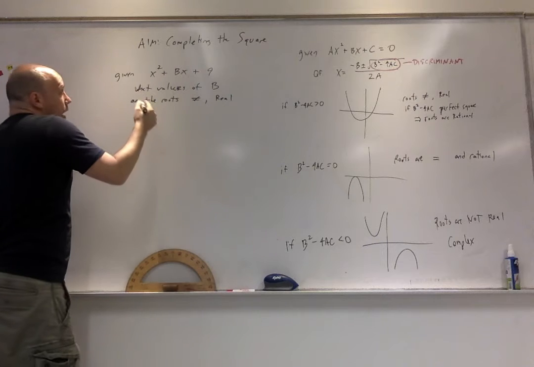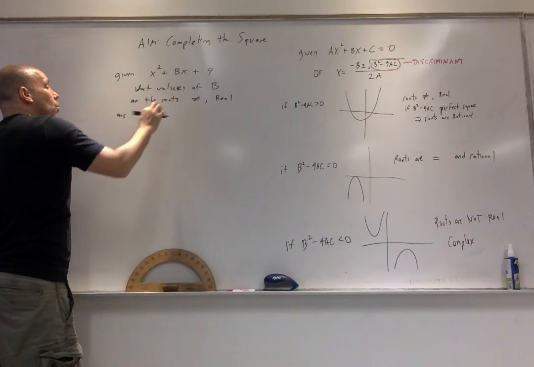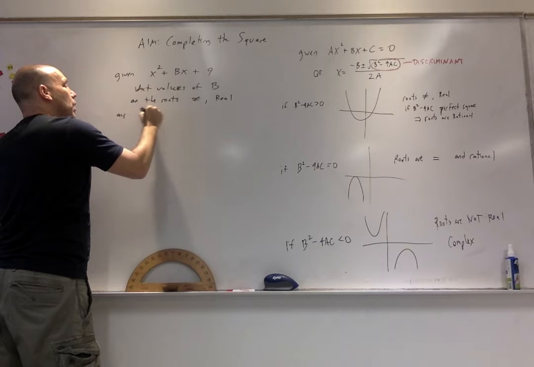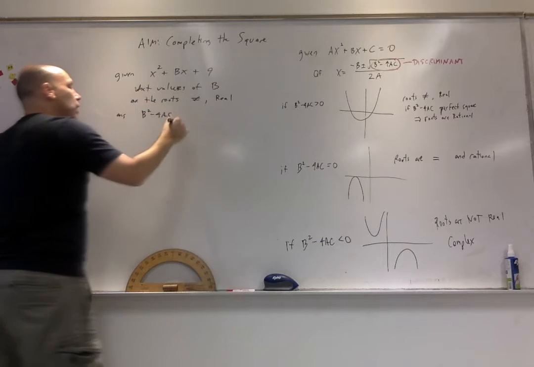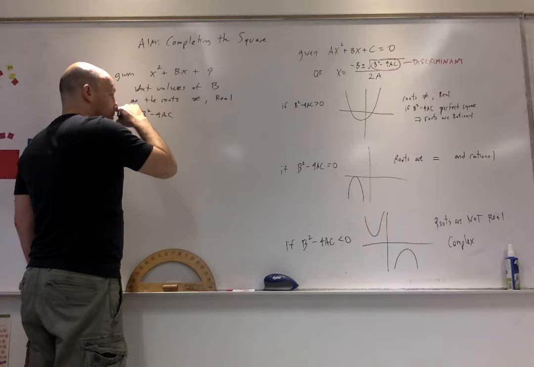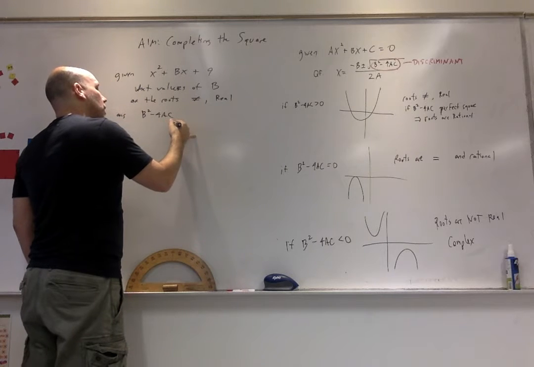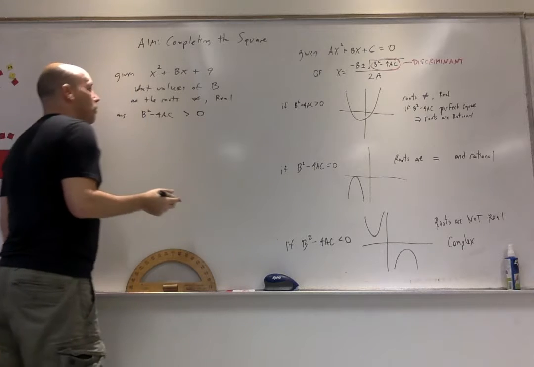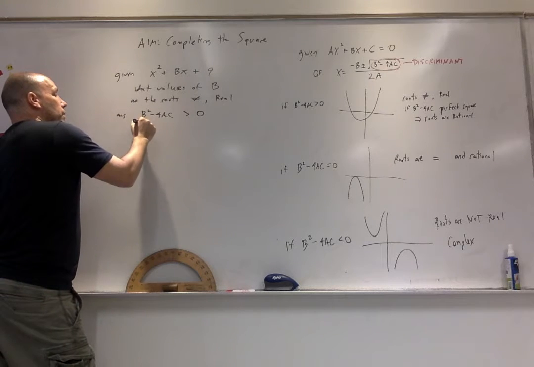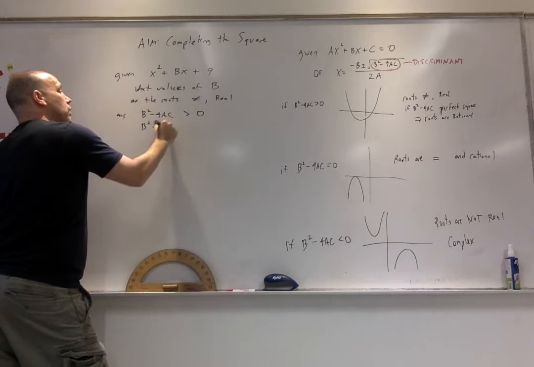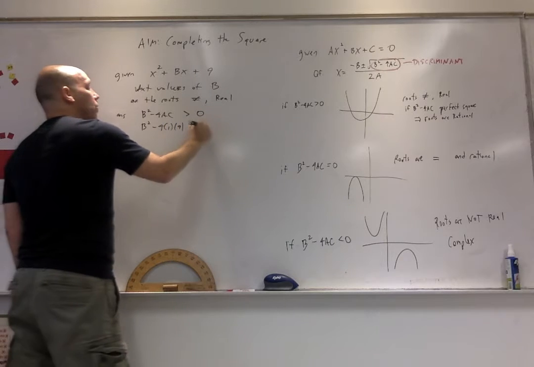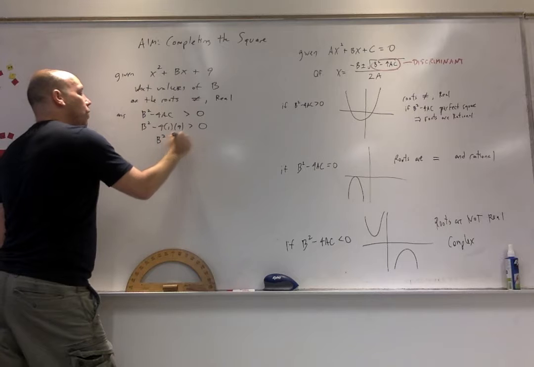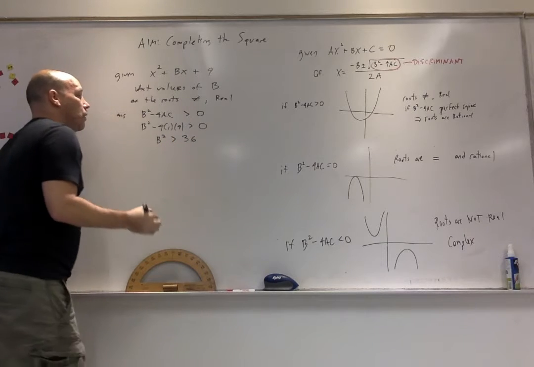And you might say, okay, if the roots are not equal and they're real, that means b squared minus 4ac has to be greater than 0, right? So you say, fine, b squared minus 4 times 1 times 9 has to be greater than 0. b squared has to be greater than 36.